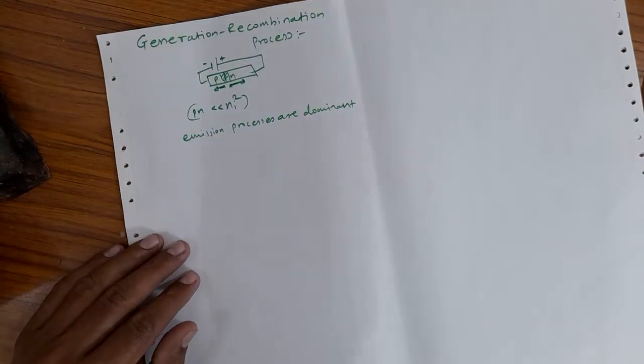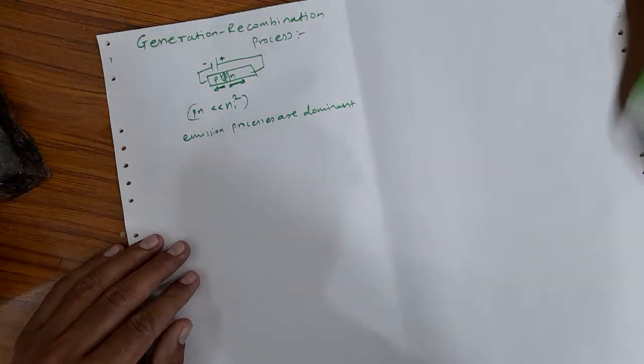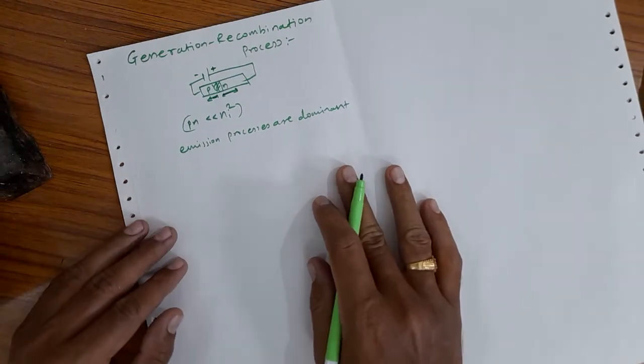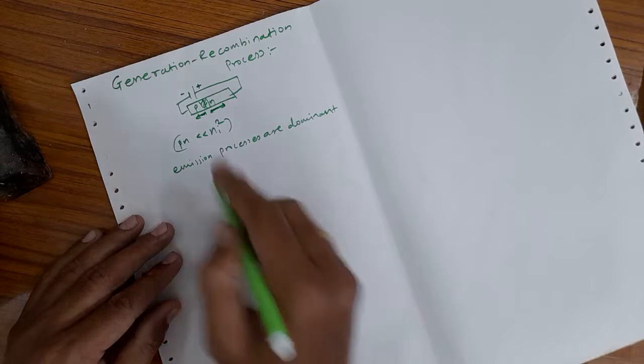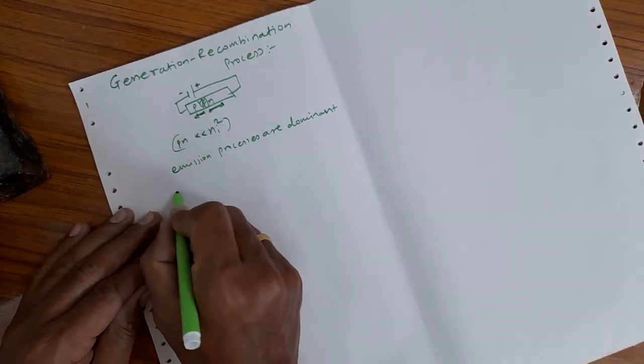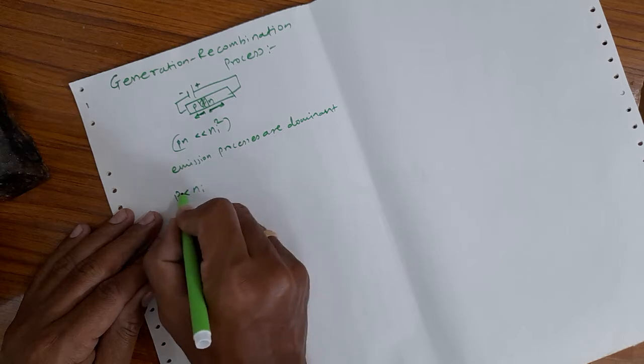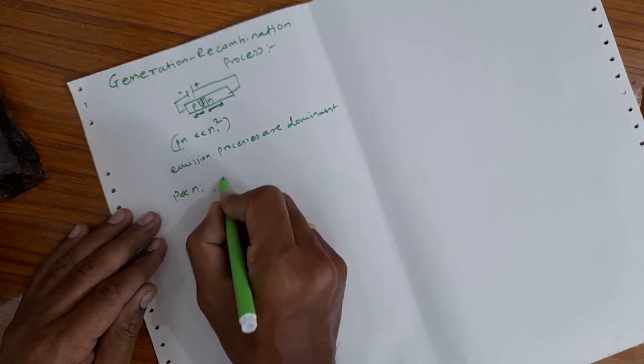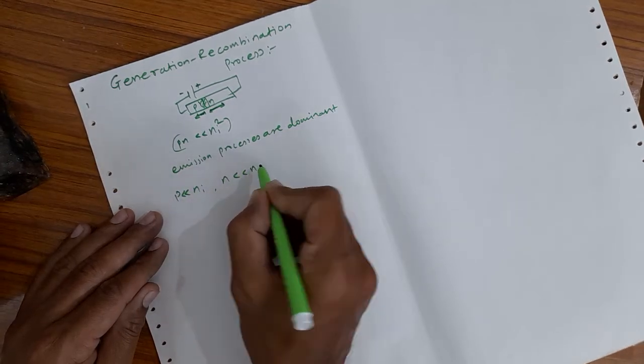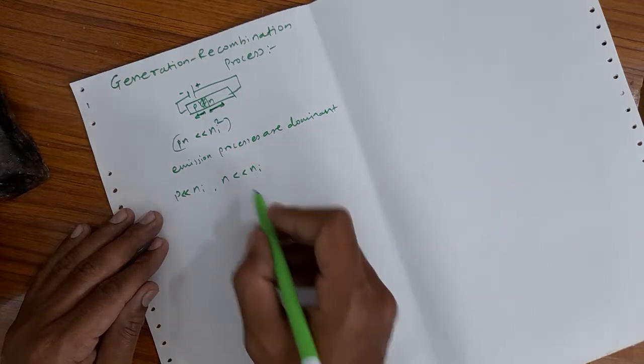Within that equation we additionally have some conditions: p is very much less than ni, and n is also very much less than ni. The electron and hole concentrations are very small compared to the intrinsic carriers.